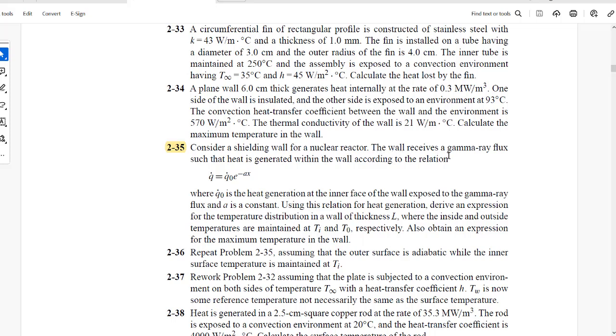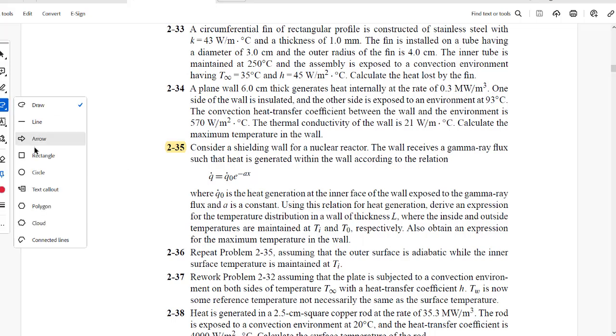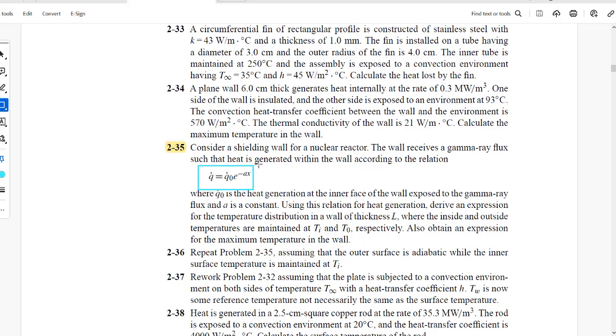The wall receives a gamma ray flux such that heat is generated within the wall according to this relationship, which is an exponential relationship: Q dot equals Q dot naught times e to the power minus a x, where Q dot naught is the heat generation at the inner face of the wall exposed to the gamma ray flux, and a is a constant.